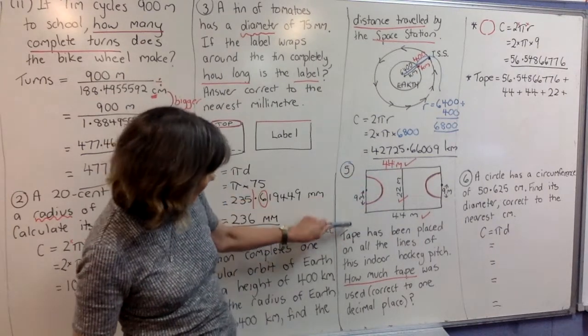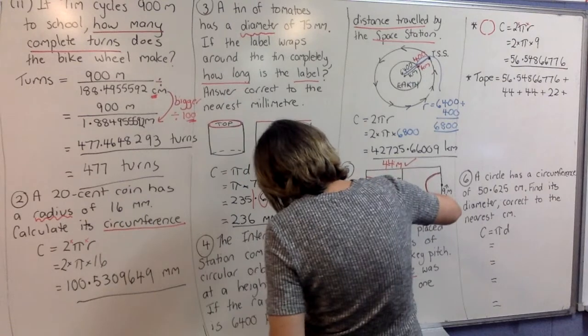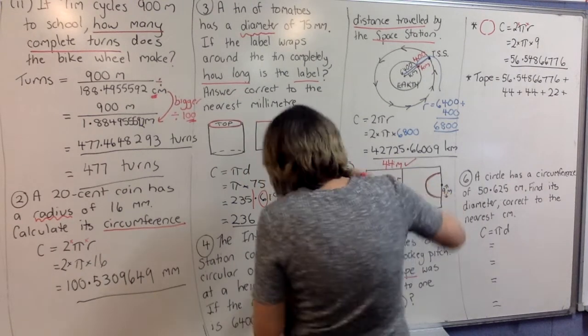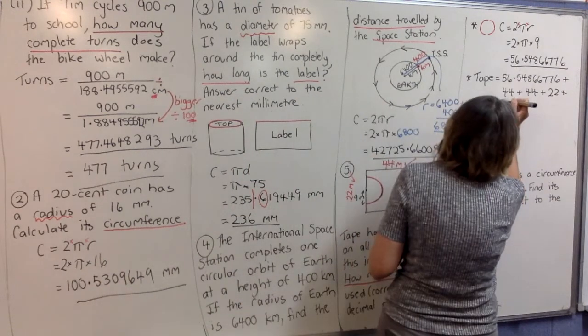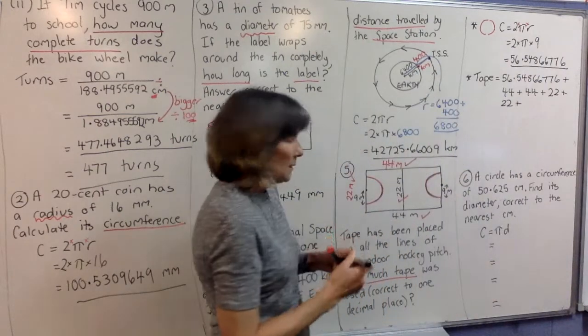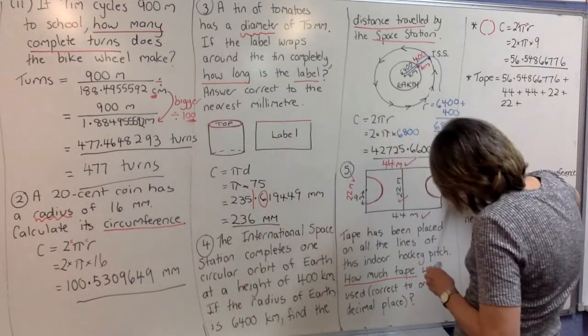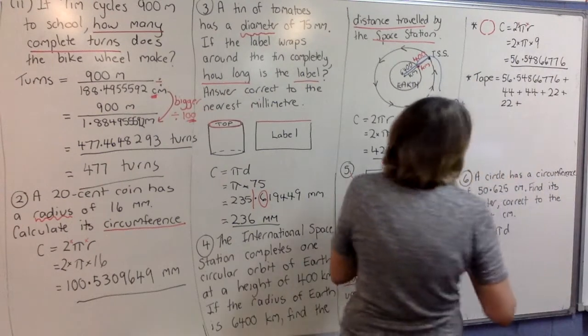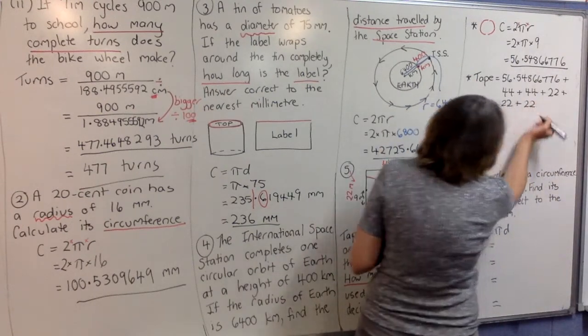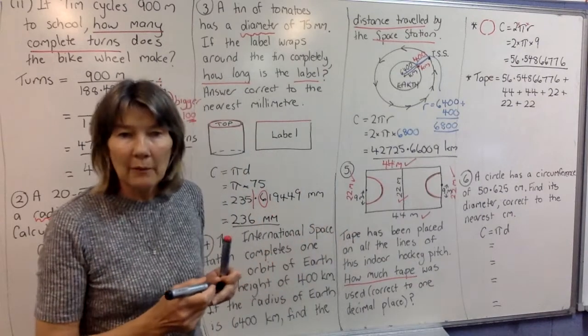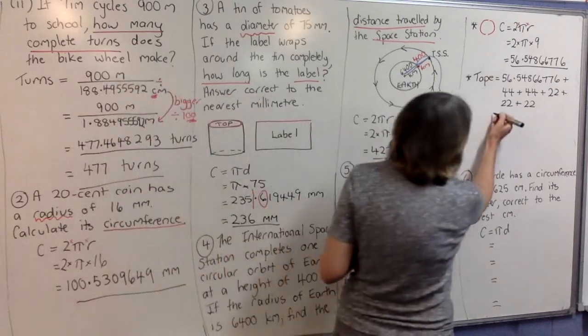So that's going to be another 22. Tick that off. Plus, up here, another 22. And tick that off. Okay, so make sure you tick them off as you're going so you can see that you've done everything.